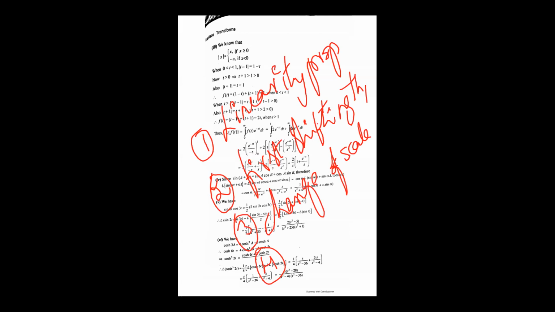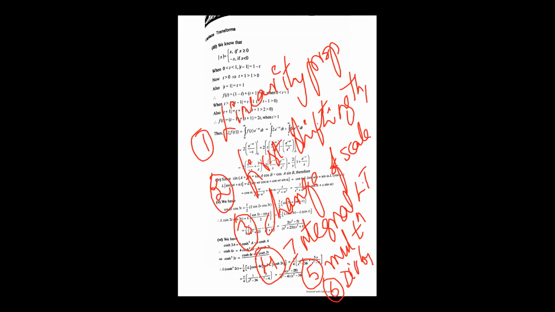It is not sufficient to solve the problems; it is only for definition purpose. So fourth one is integral of Laplace transform, and fifth one is multiplication by t power n. Sixth one is division by t. Seventh one is evaluation of integrals.